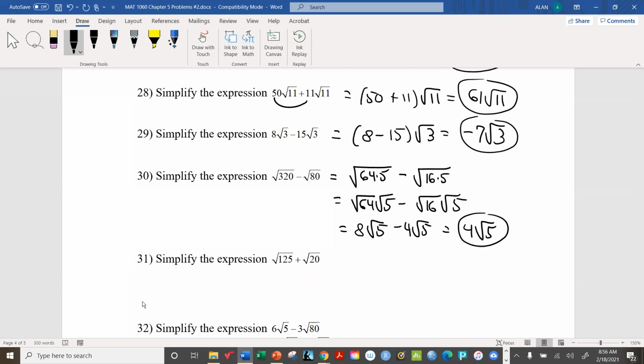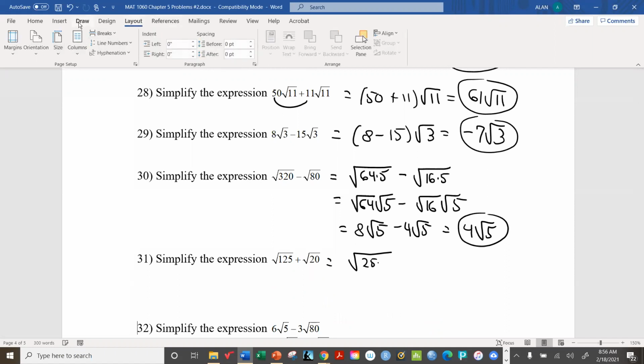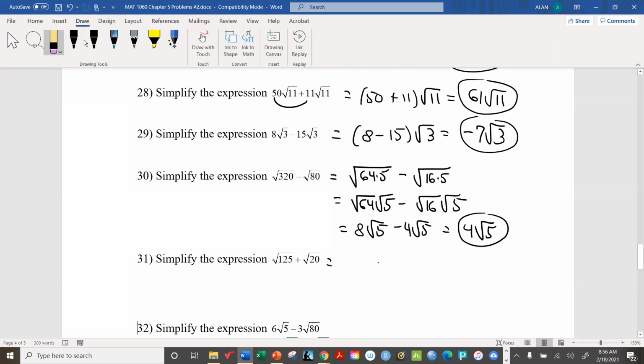Okay, so we have the same thing here. Both of these have a factor of 5. Let me make that a little neater. And over here, of course, we have 4 times 5.